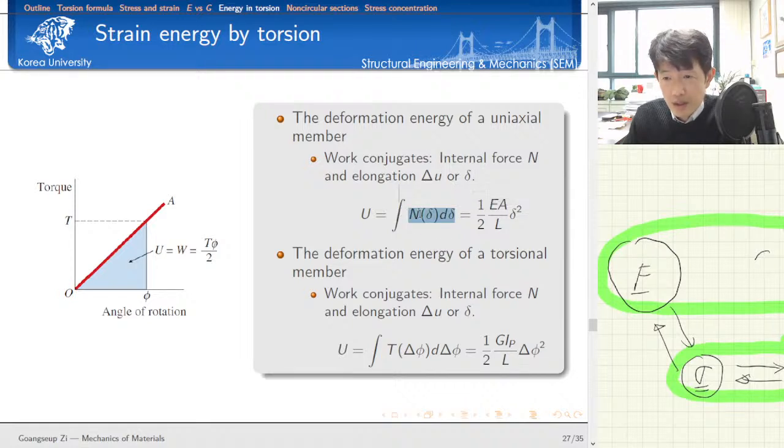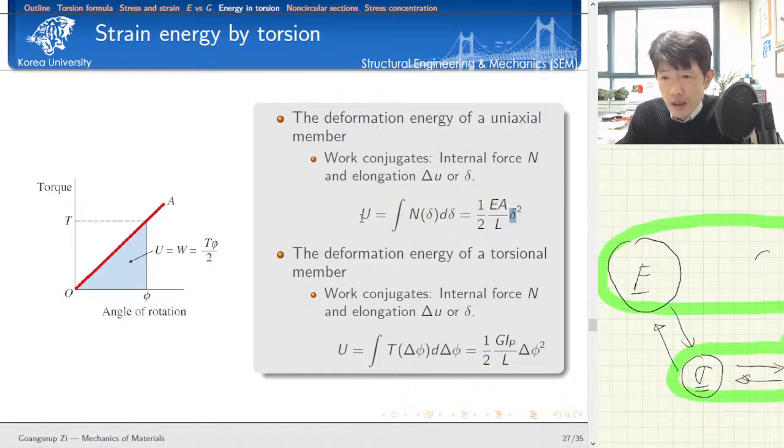In the case of linear elasticity, the actual internal force is a linear function of the elongation. That's why we can draw a straight line as given here. We already discussed this relation before when we discussed the actual members. If you integrate this, because this is nothing but a triangular shape, it becomes a half of the stiffness times the square of the elongation, okay?